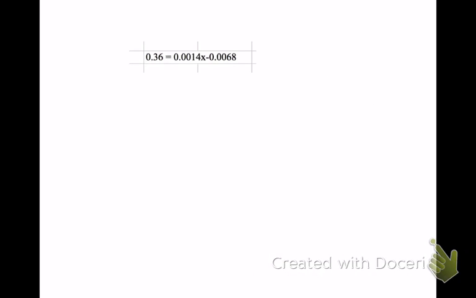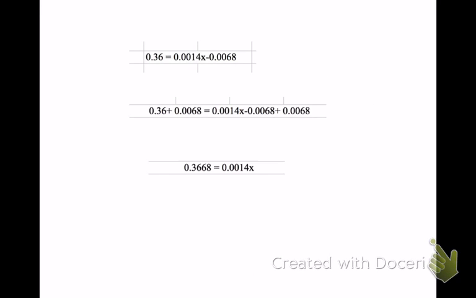First, we're going to get rid of that 0.0068. We can do that by adding 0.0068 to both sides. That eliminates it on the right-hand side of the equation, so we've now simplified this to 0.0014x is equal to 0.3668.